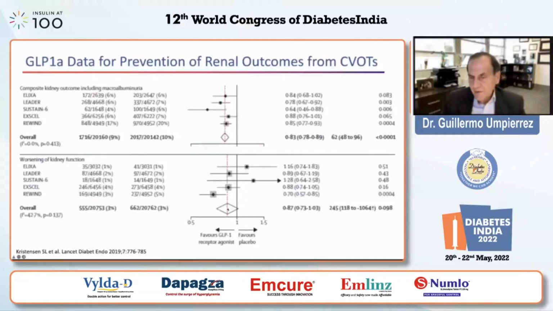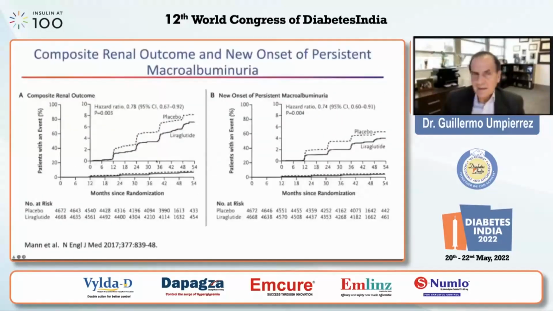You can improve by about 20 to 30% the progression of microalbuminuria. This is the result of the liraglutide trial. It was a composite of renal outcomes: doubling of serum creatinine, dialysis, and progression of microalbuminuria. You have a 20 to 30% reduction with liraglutide.